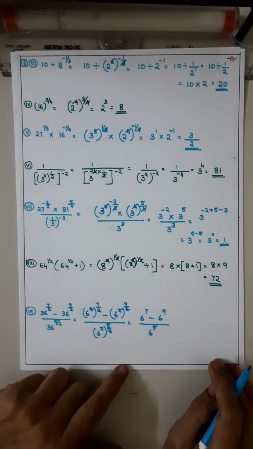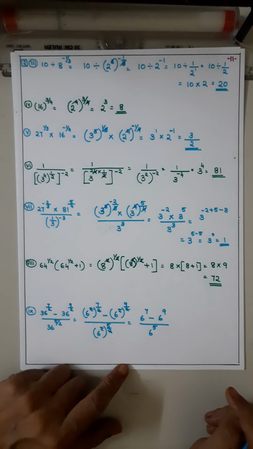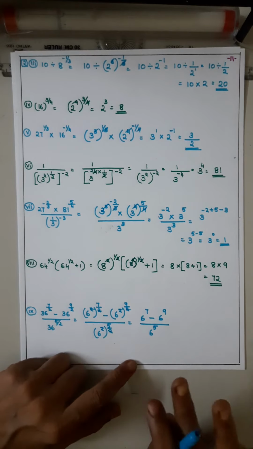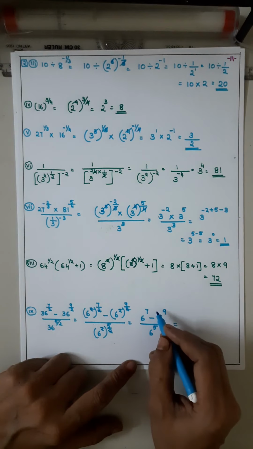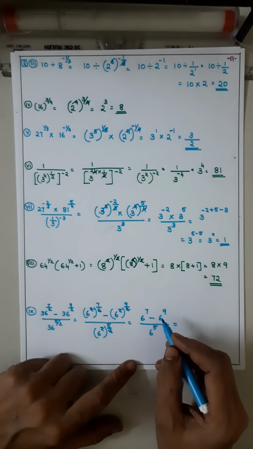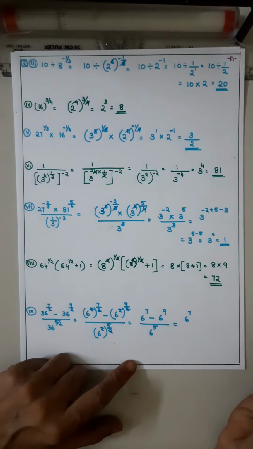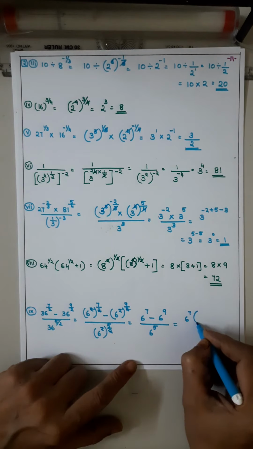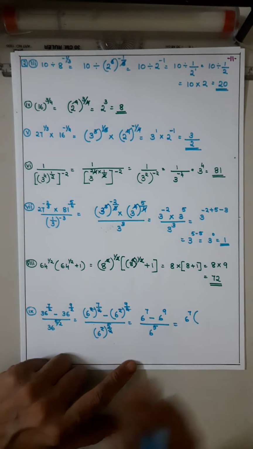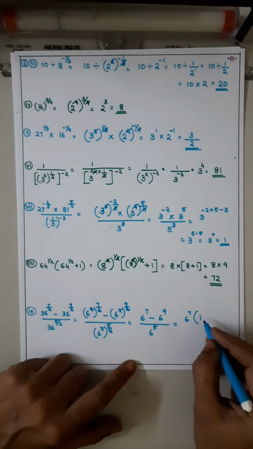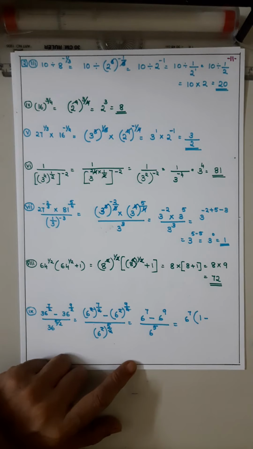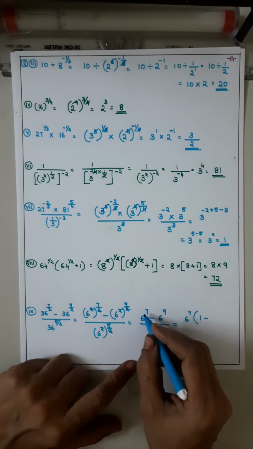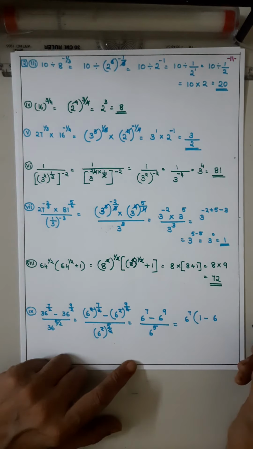ठीक है. अभी बीच में नेगेटिव साइन है तो हमें कैंसल करने के लिए कोई भी लॉ यूज नहीं होगा. इसके लिए अभी क्या करो? 6 to the power 7 and 6 to the power 9. इसमें कॉमन क्या है? 6 to the power 7 है ना. दोनों में कॉमन आएगा 6 to the power 7. अंदर 6 to the power 7 को बाहर लिए तो अंदर कितना बचा? 1. और 6 to the power 9 में से 6 to the power 7 बाहर लिए तो अभी अंदर कितने पावर बचेगा?